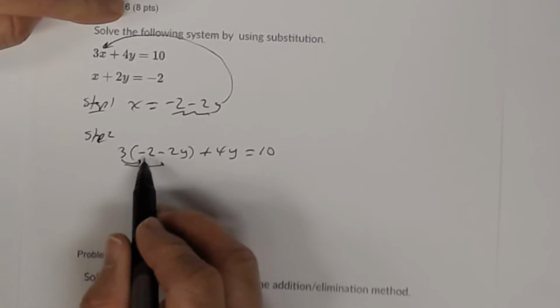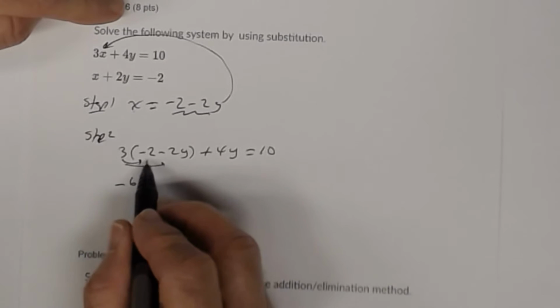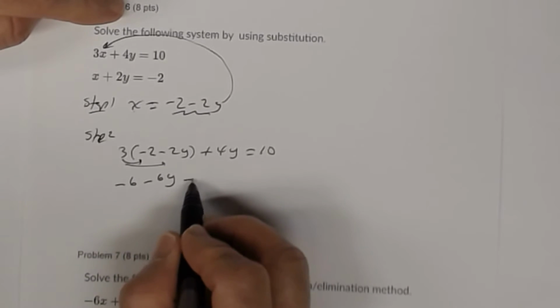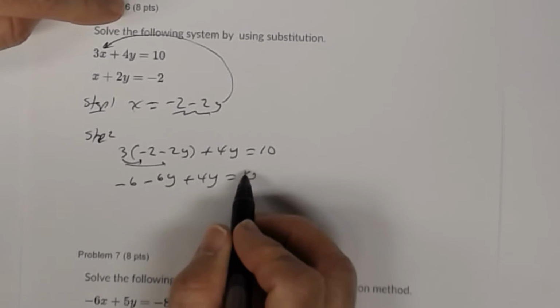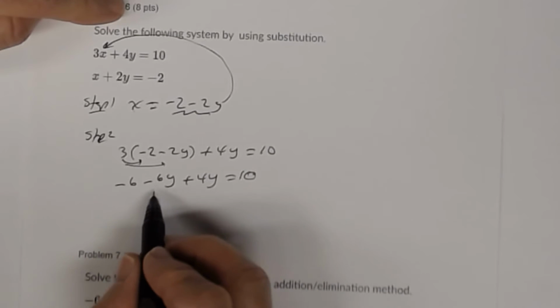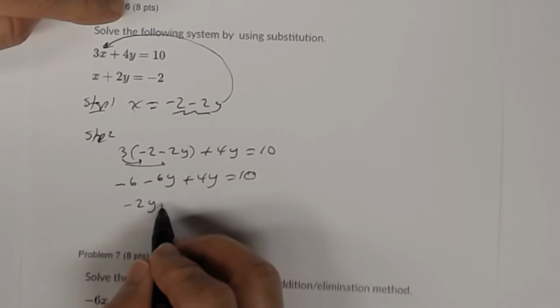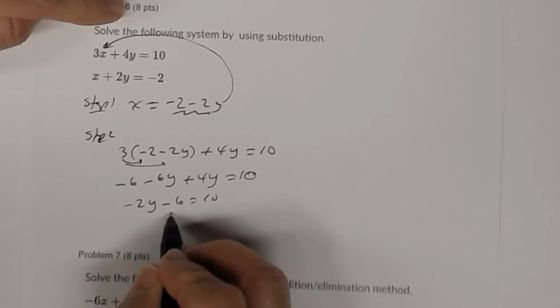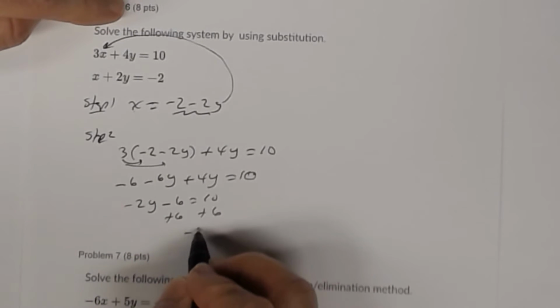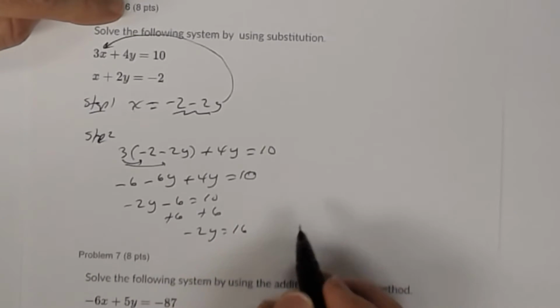So distributing, 3 times negative 2 is a negative 6, 3 times a negative 2y is a negative 6y, plus 4y equal 10. Combining like terms, negative 6y plus 4y is a negative 2y, so negative 2y minus 6 equals 10. Adding 6 to both sides, I get negative 2y equals 16.